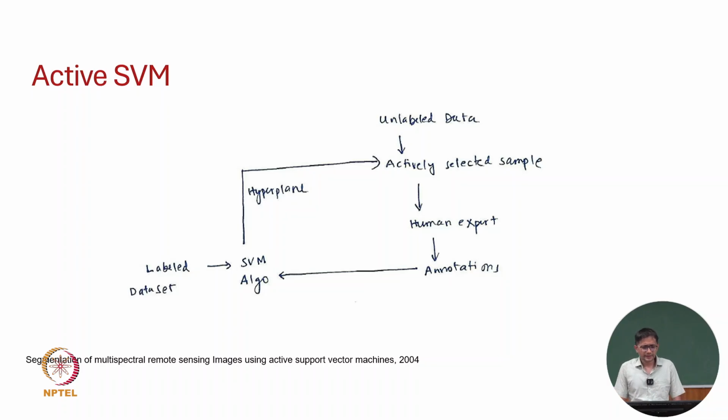What you can do is, based on some kind of hypothesis, like confidence estimation, identify the data you are not so confident about, and send it to a human expert to annotate. Those human expert annotations can then again be used to further adjust the hyperplane using your SVM algorithm.